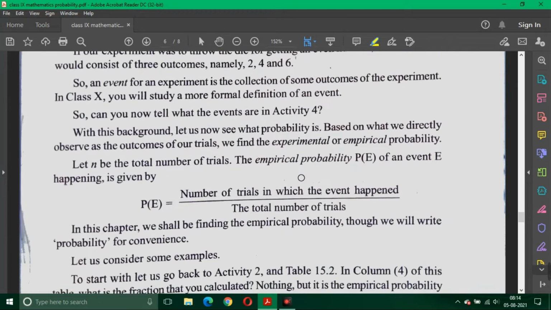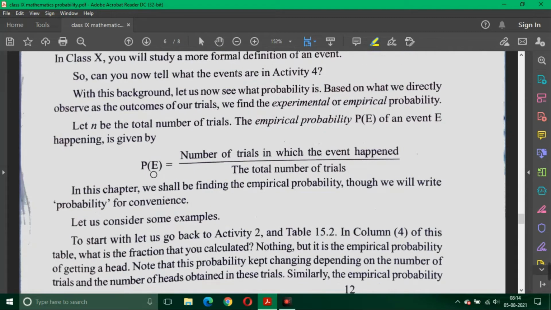Now, here is the formula for the calculation of probability in case of experimental probability. Okay. So, P(E) is written as probability of event E. If it is E1, then we have to take it as probability of E1.